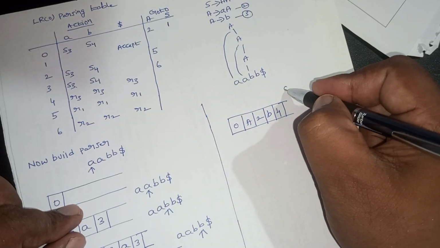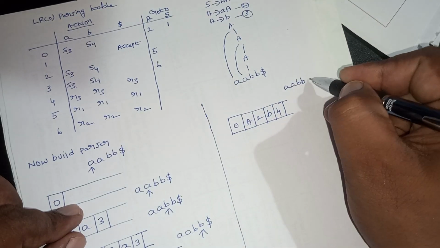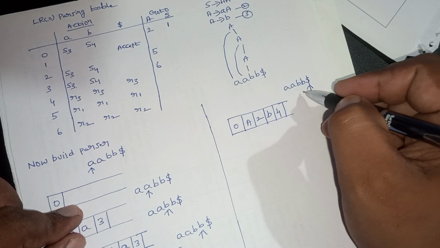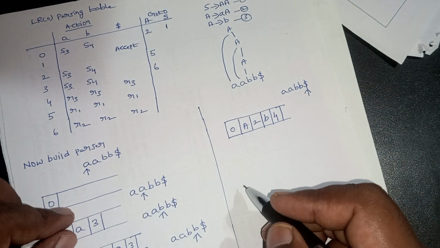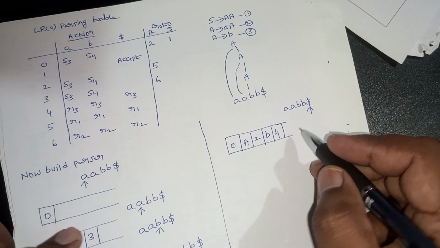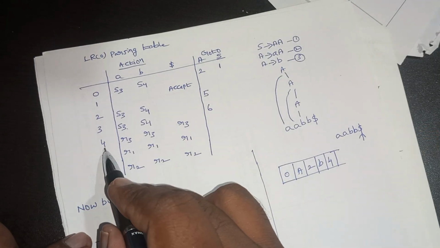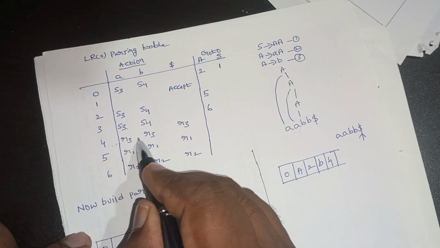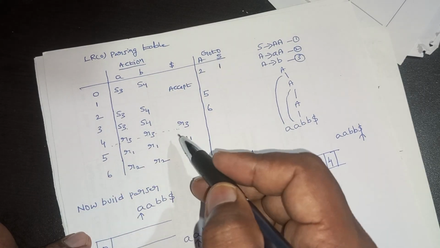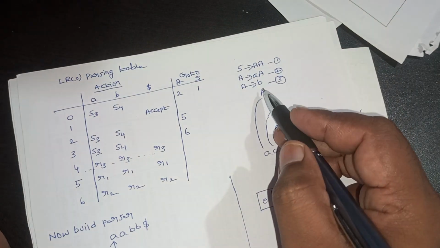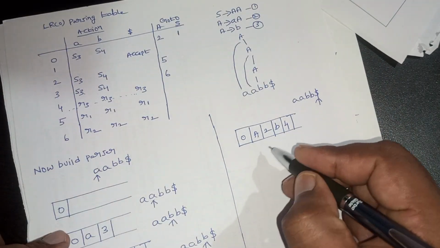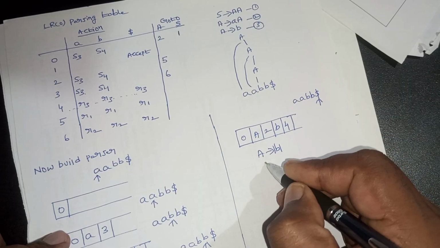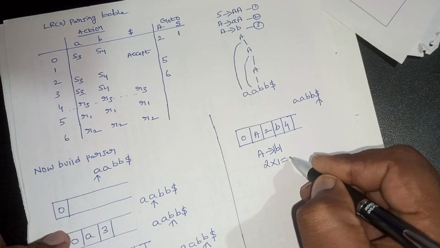Now what is the input string? A B. You have to shift this pointer to the next one, from B to the dollar. Now what is 4 on dollar? It is R3. What is R3? A tends to B. Take length, which is equal to 1, 2 ones are 2.